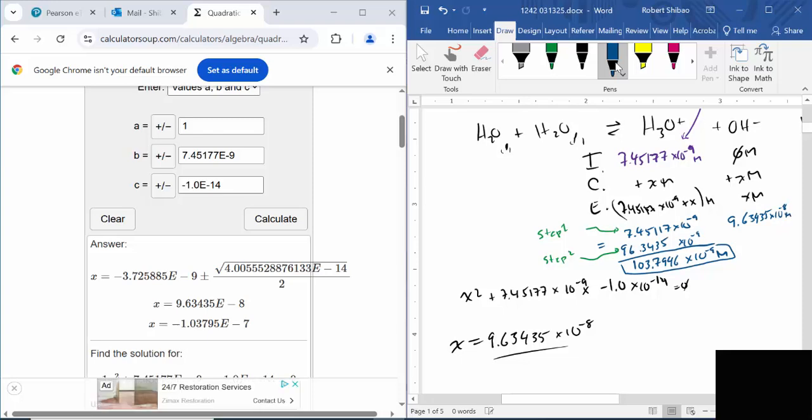Actually, it's not a huge difference. And so what I'm going to do is double check the equilibrium concentrations by plugging that back into K here. Take this times this. See what we get.